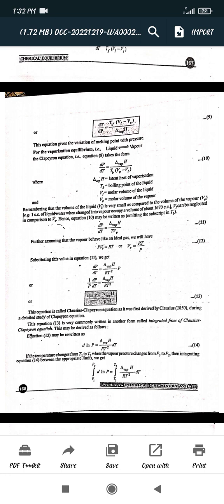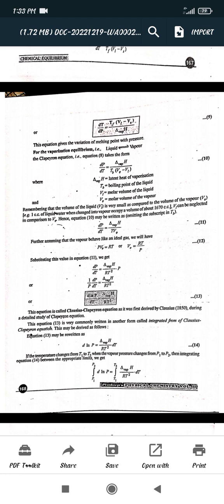On integrating, we get ln of P2 by P1 is equal to ΔHv by R, which is constant, so inside the integration we have 1 by T square dT. On solving, we get ΔHv by R into (1 by T1 minus 1 by T2).